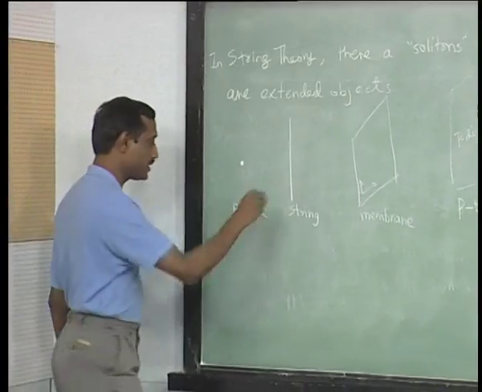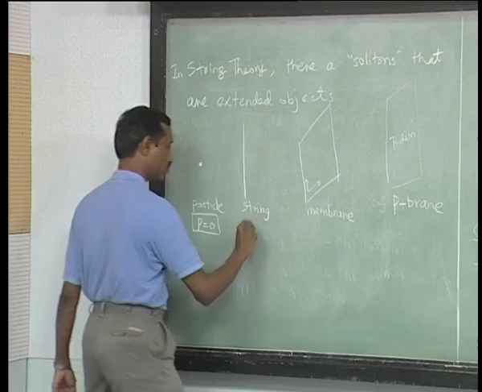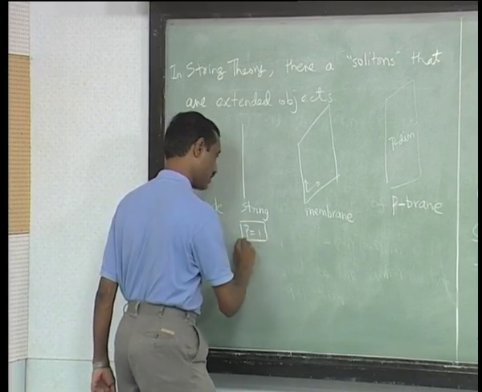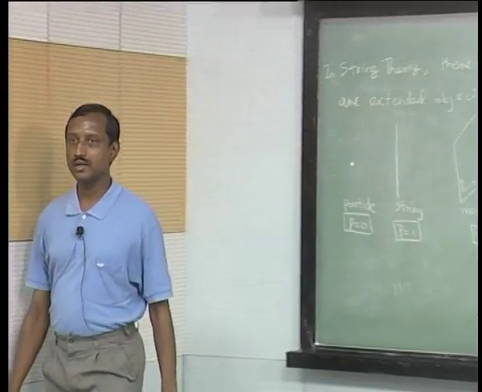So in that nomenclature, particle would be p equal to 0, this would be p equal to 1, p equal to 2, okay. So we are not looking at the string theory equations of motion or anything, but I am just saying that there is this soliton.